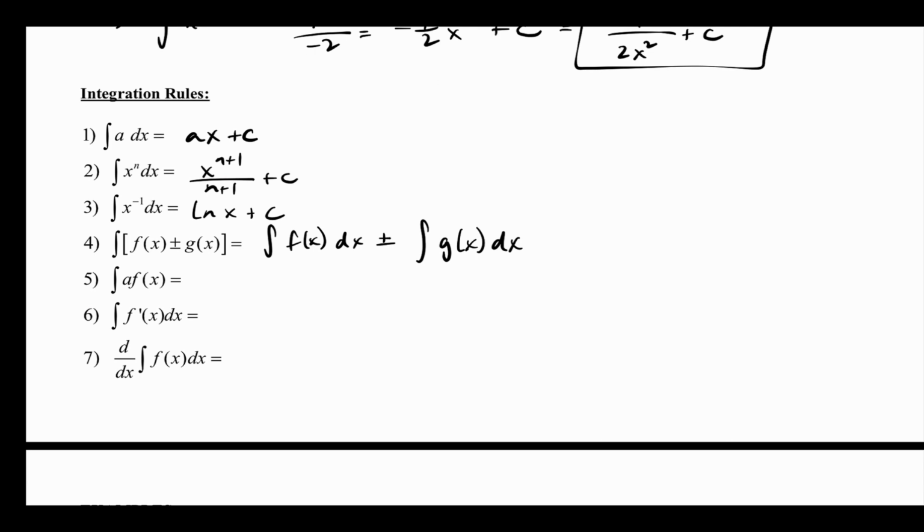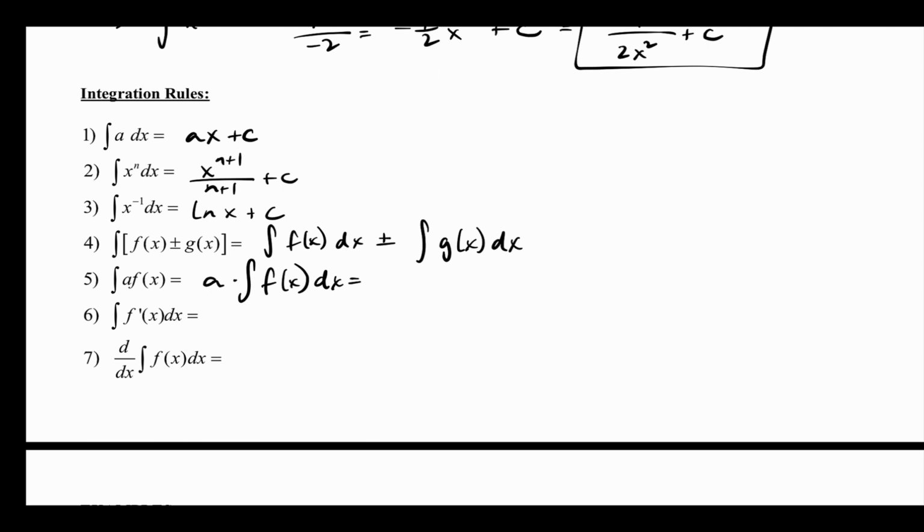So what if you need to find the antiderivative of something, but there's a coefficient already out in front? Nothing. You just use the power rule again. A times, and then you would just do your normal power rule. You just move the a to the front.